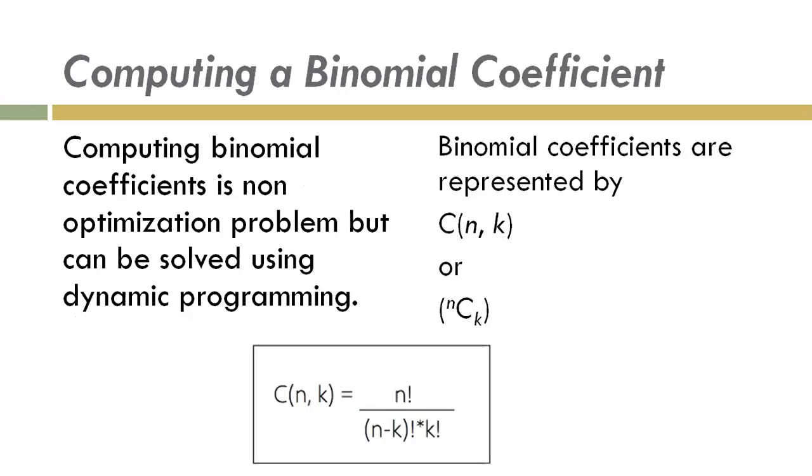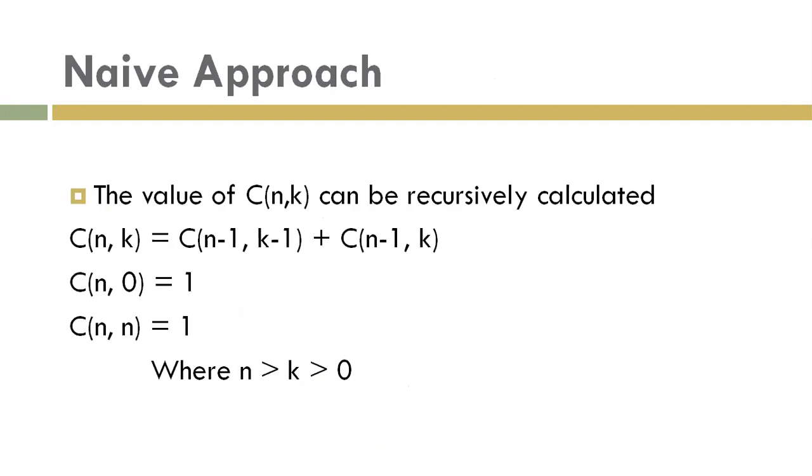In the last lecture we discussed that in order to calculate any method using the dynamic approach, we must formulate a formula. So with that formula, we will calculate the binomial coefficient.